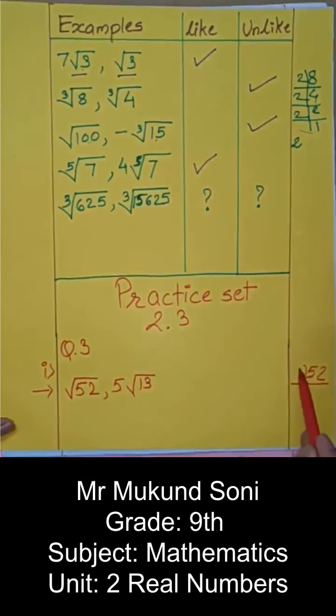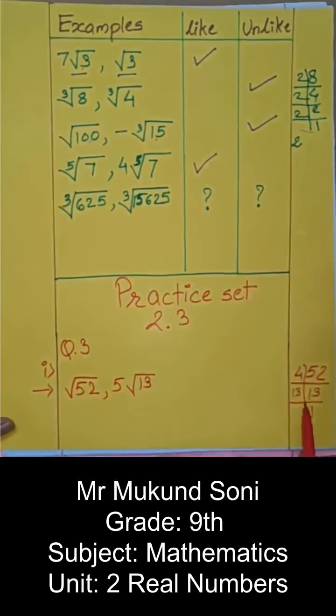So I can directly give it divisibility by 4, and as we know 13 fours are 52, and 13 is a prime number, so 13 ones are 13, and hence the square root of 4 will be my number outside the root.